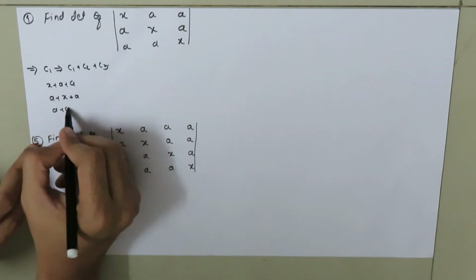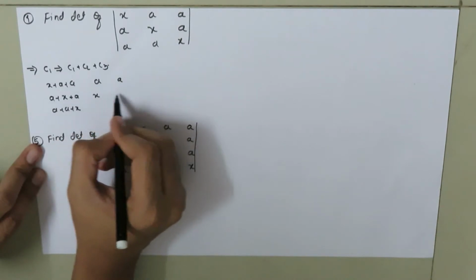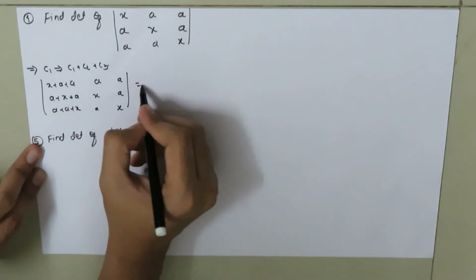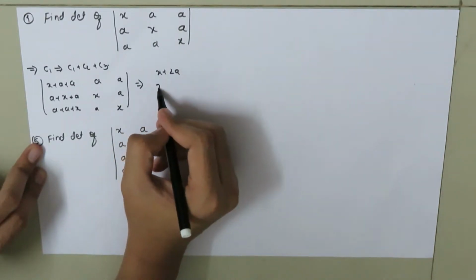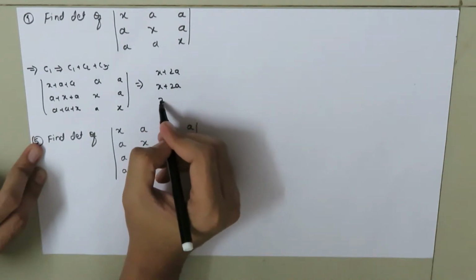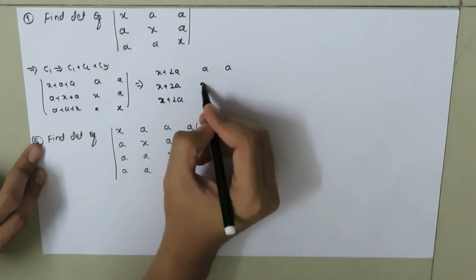This will be a plus a plus x, and the remaining elements will be the same. So this determinant we can write as x plus 2a in each entry of column 1, and the remaining elements are the same.